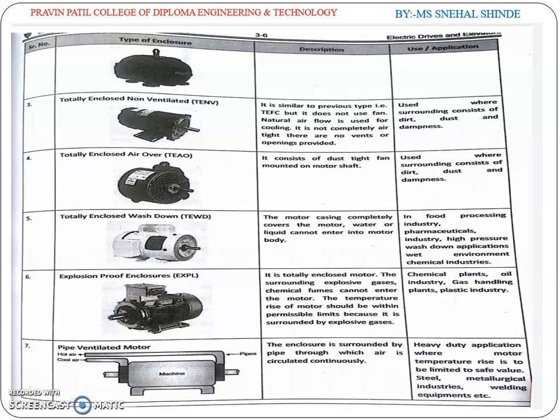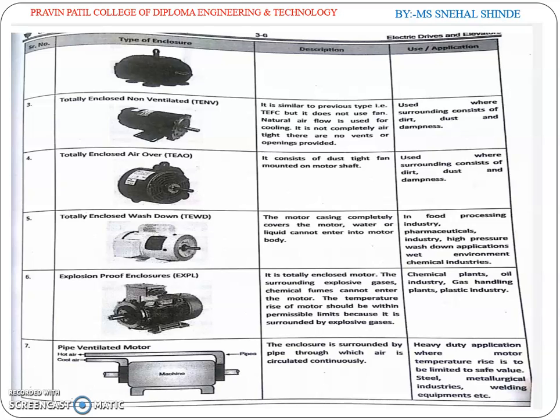Totally enclosed air over, TEAO. It consists of a dust tight fan mounted on the motor shaft. Used where the surroundings consist of dirt, dust and dampness. Totally enclosed washdown, TEWD.